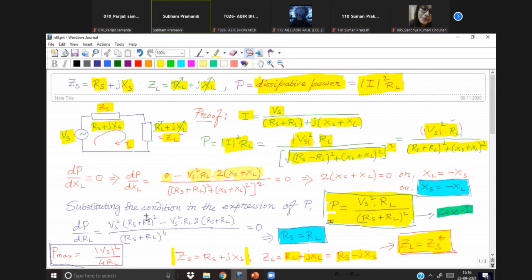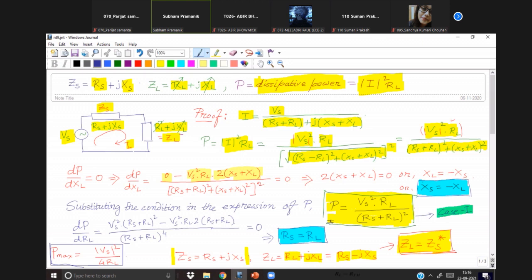Mod Vs square divided by 4RL, as here the voltage is Vs. In case you need to convert this into the corresponding Thevenin equivalent form, then that will be VTH square divided by 4RL.